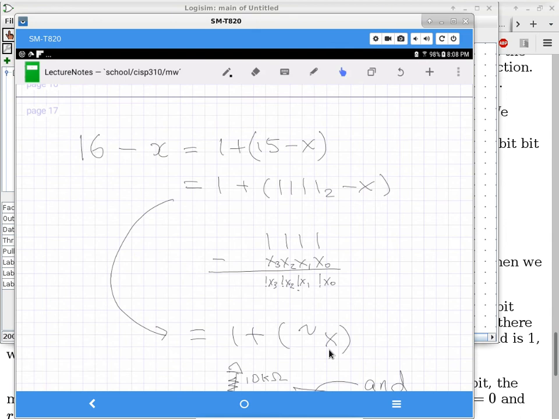Right, so 1's complement by itself is not enough to be used for arithmetic negation. You have to add 1 to 1's complement in order to perform arithmetic negation. But 1 plus 1's complement is also known as 2's complement. So it's just the name. Yeah, more or less.